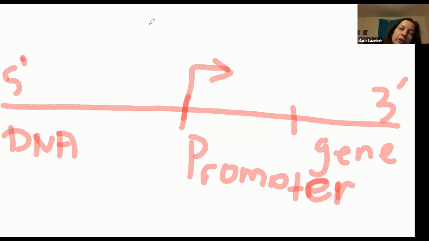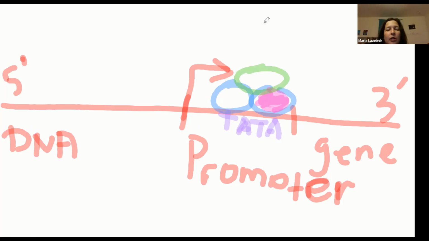In the promoter, there's something called the TATA sequence, which is just made of TA repeats. So it's TATA, like tata, I'll see you soon, tata. Okay, and so general transcription factors bind to this lovely TATA box. So we have our proteins, they bind to the TATA box, and we will give them names.